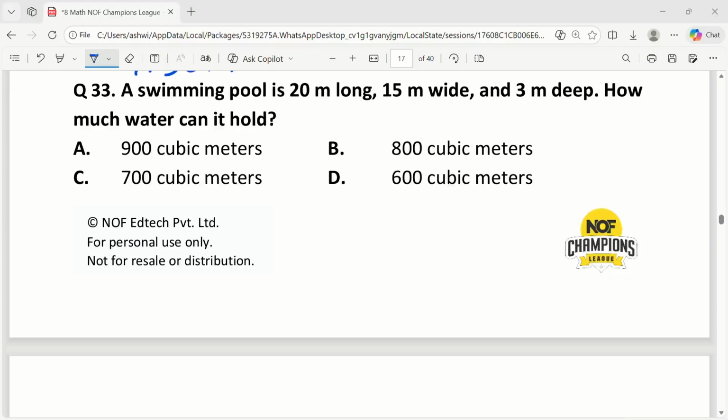Question 33. A swimming pool is 20 meters long, 15 meters wide and 3 meters deep. How much water can it hold? The volume of a rectangular prism is calculated by multiplying the length, width, and depth.